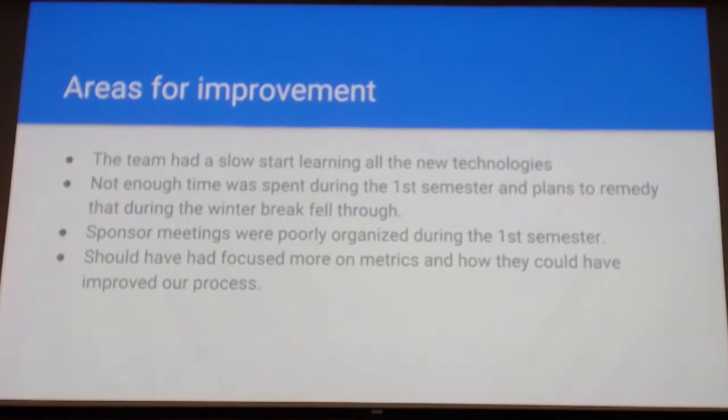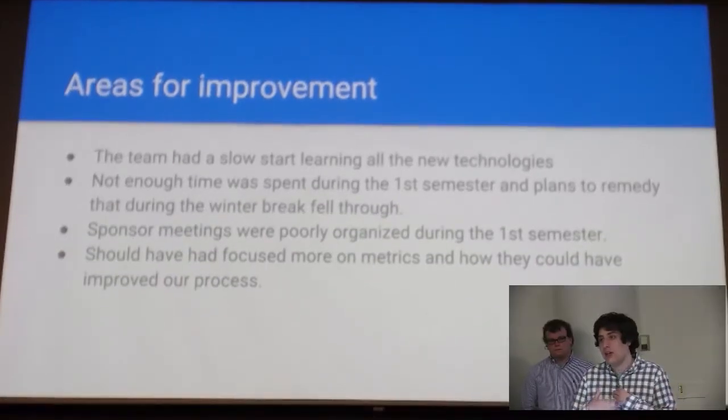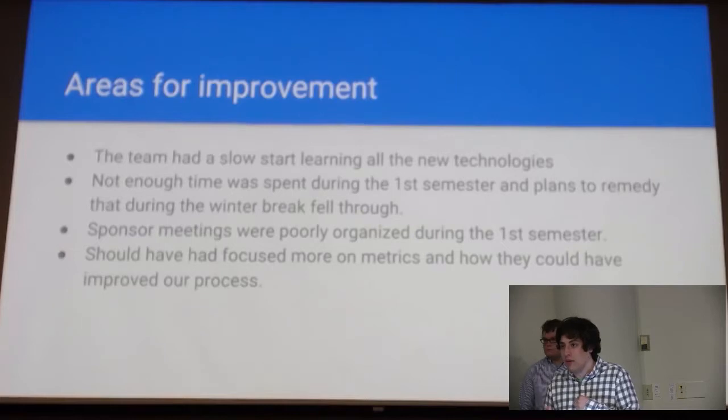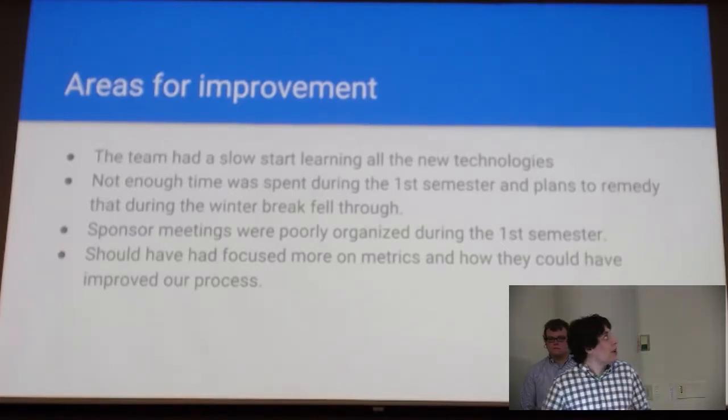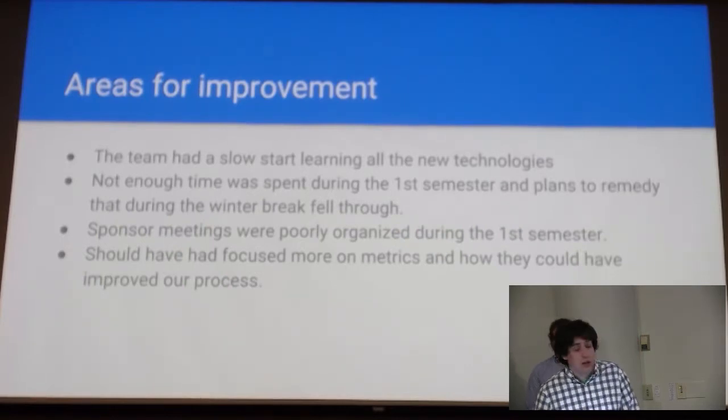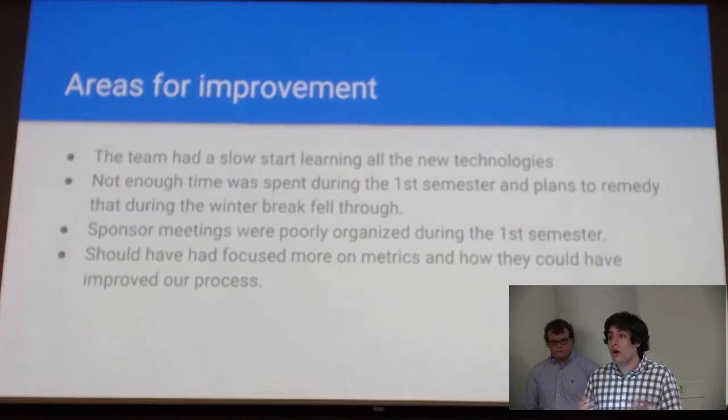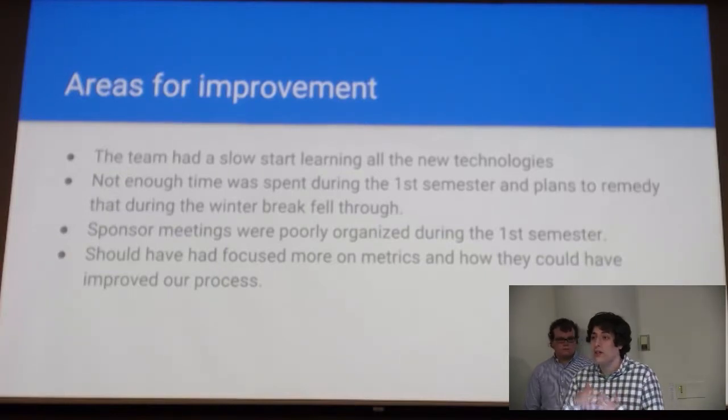We also didn't commit as much time as we would have liked the first semester and over the winter break, not quite the 12 hours, which was a bit of a problem. It's been significantly better this semester. We also tried to improve our sponsor meetings this semester by assigning someone to lead them on a rotating basis.